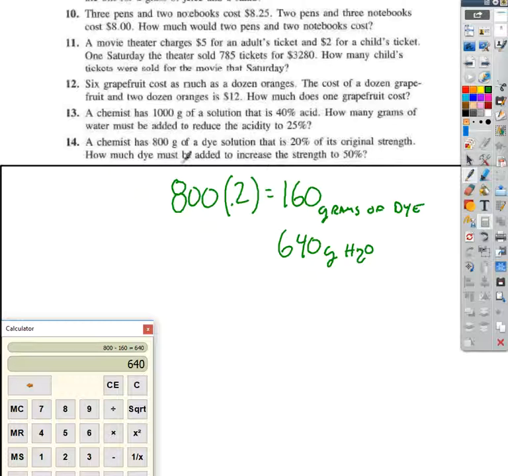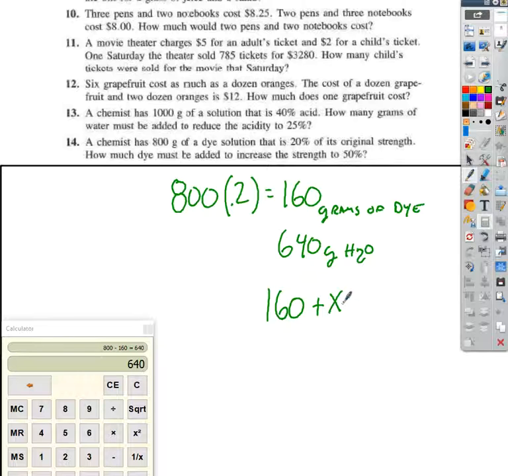How much dye must be added to increase the strength to 50%? That's a great question. Right now we have 160 grams of dye, and I want to add more dye, right?